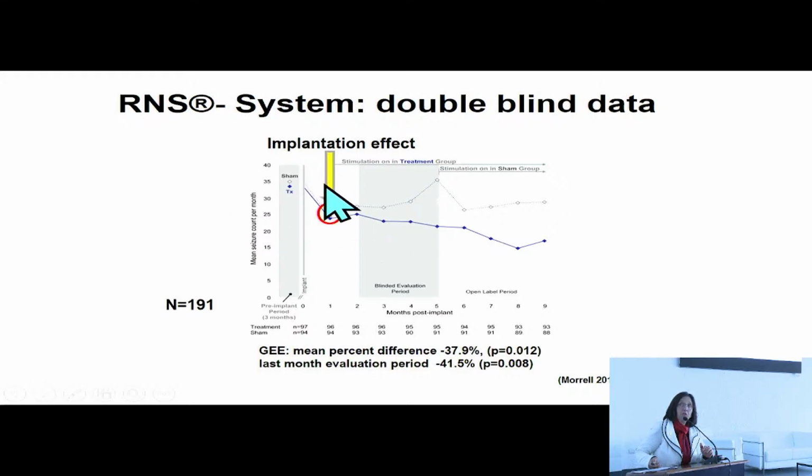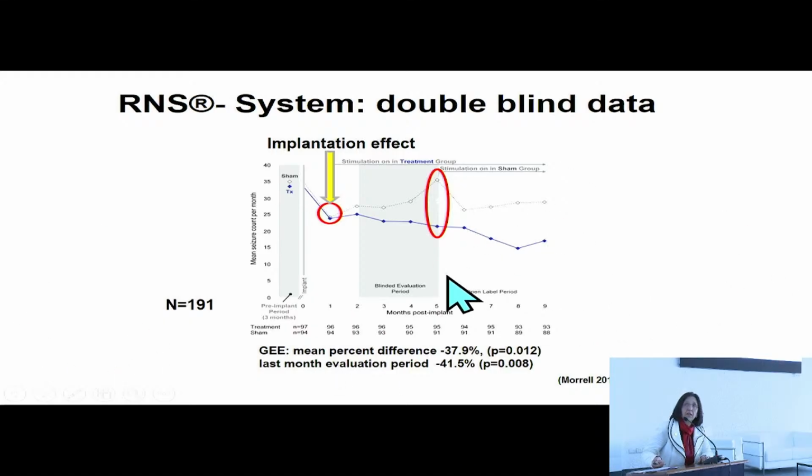Then you see nicely that in the blue group the seizure frequency decreases, while the dotted group goes up to the baseline seizure frequency after about 5 months. That difference is statistically significant. And then you see here, after we switch those on, they have quite a significant reduction in seizures. So the device is effective.